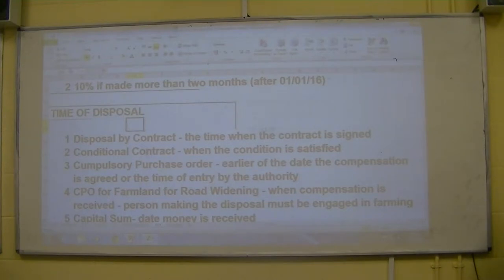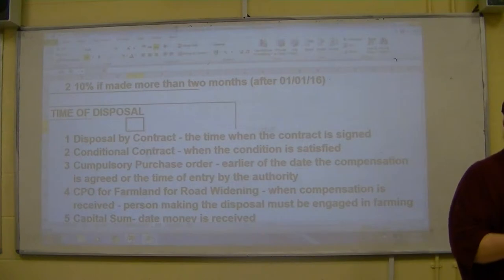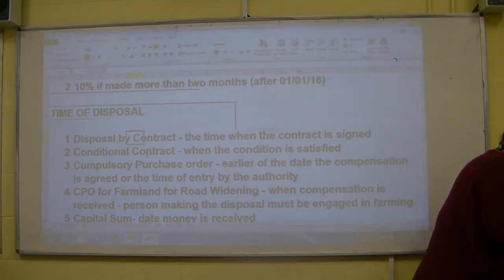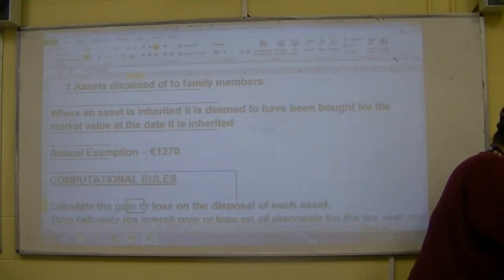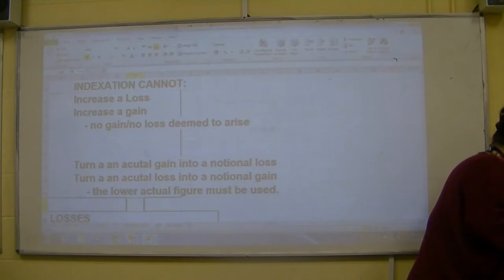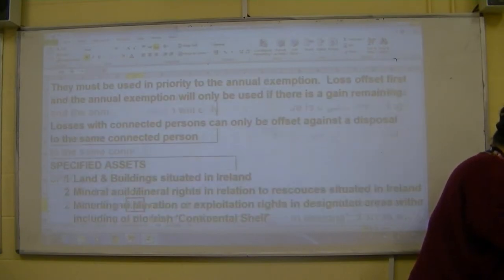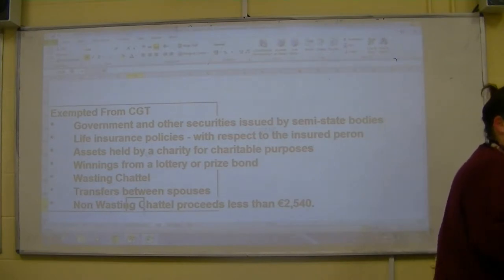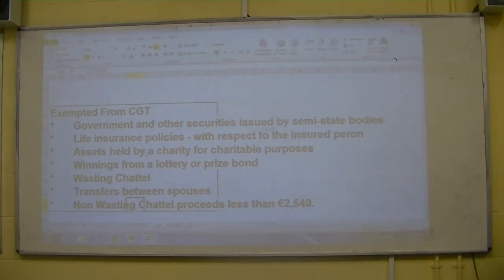Okay, our next one is exempted assets. This is done in shorthand as well. If you go to page 3 of the handout, exempt from CGT we've got government and other securities issued by semi-state bodies.